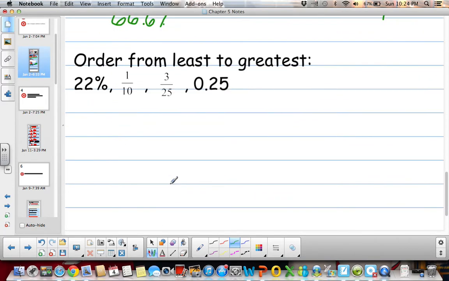Okay, last problem that we have, if we want to order these from least to greatest, we have 22%, 1/10, 3/25, and 0.25. What I would do is get them all into percents, and then we can figure out which is the least and which is the greatest. So we already have 22%. 1/10, we can do 1 divided by 10, and you should get 0.1.